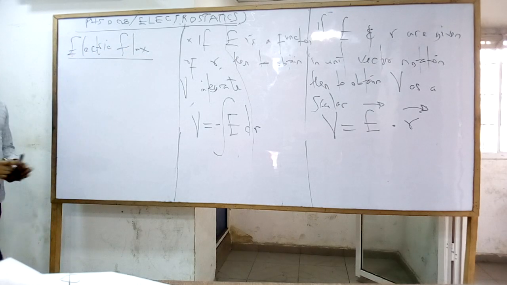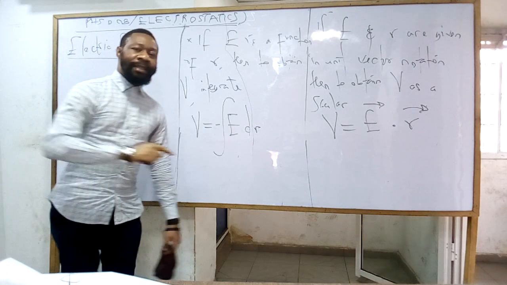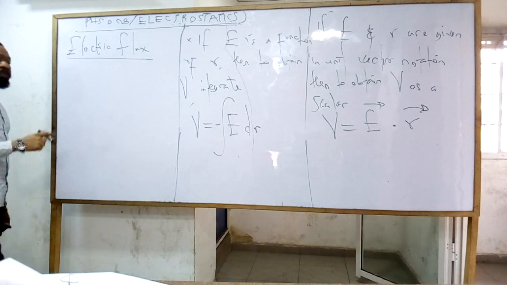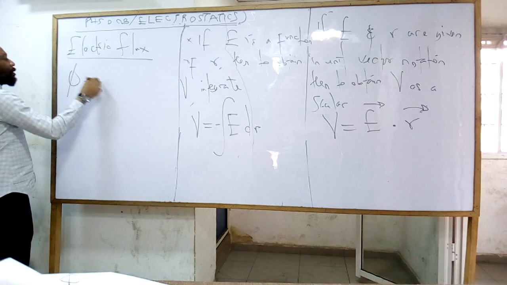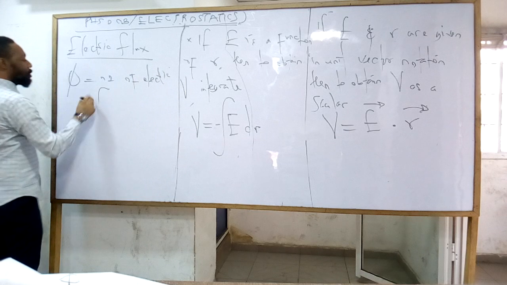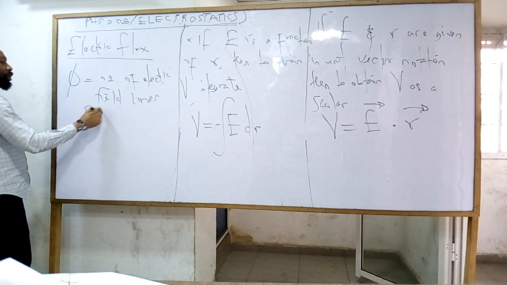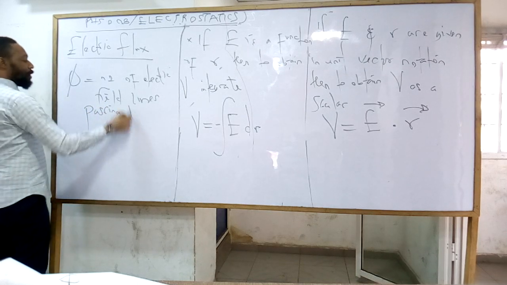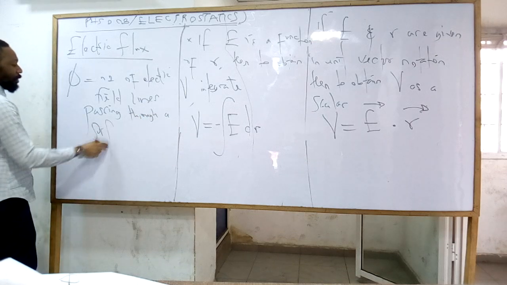Electric flux is the number of electric field lines around a charge or conductor passing through a surface. So electric flux, phi, is the number of electric field lines passing through a surface. Don't forget that, a surface.